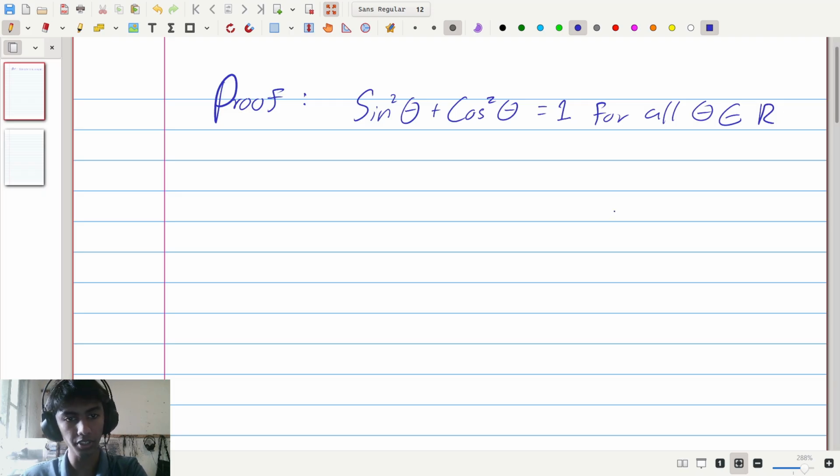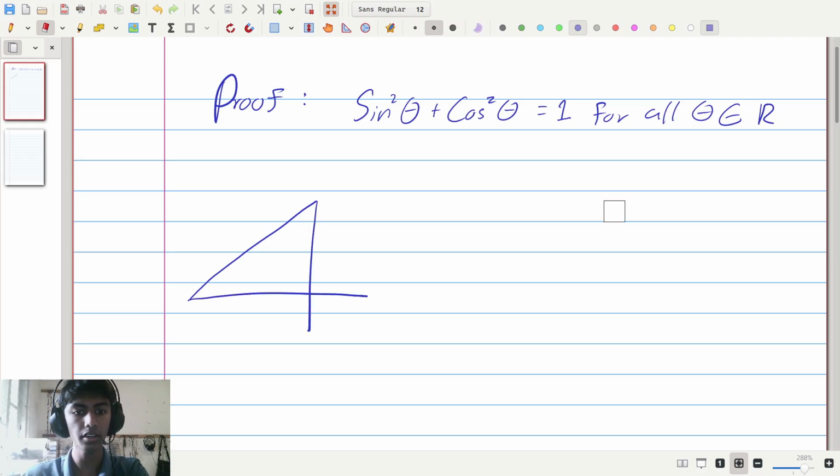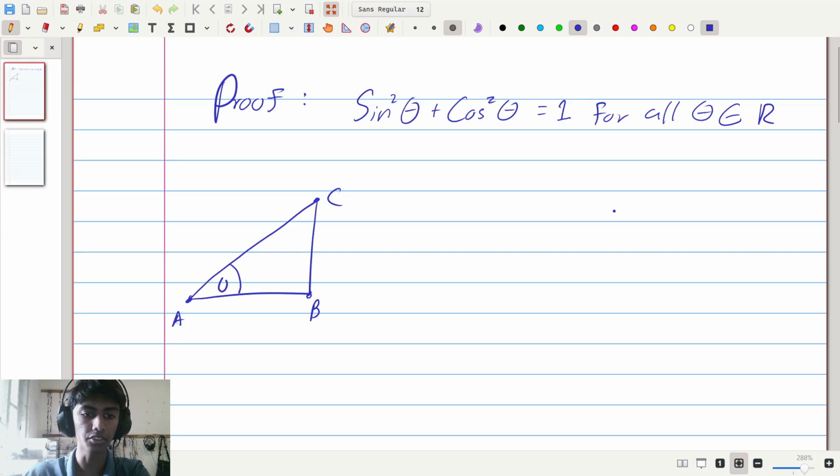You've been drawn a right angle triangle like this, and then your teachers probably label these 3 points as, let's say, A, B, C. They probably label this angle as theta.